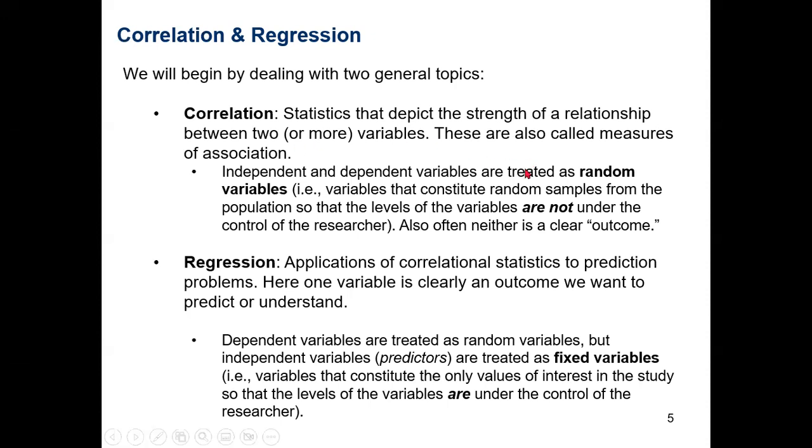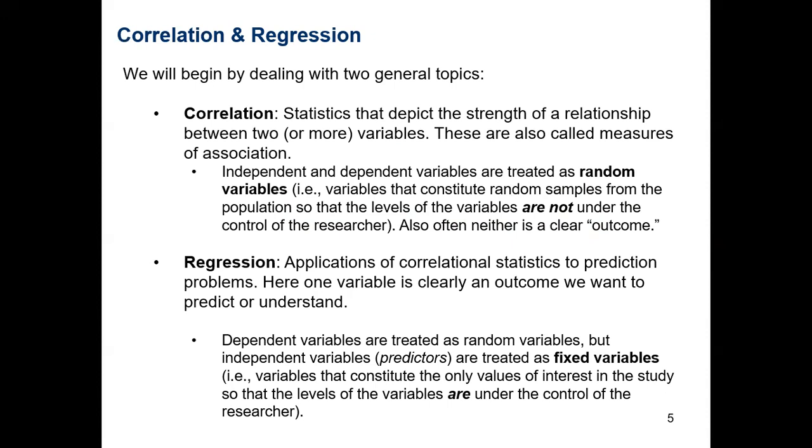Independent and dependent variables are treated as random variables. These are variables that constitute random samples from the population, so the levels of the variables are not under the control of the researcher. The researcher does not manipulate the variables.